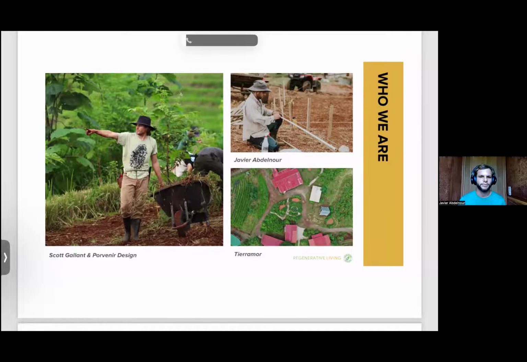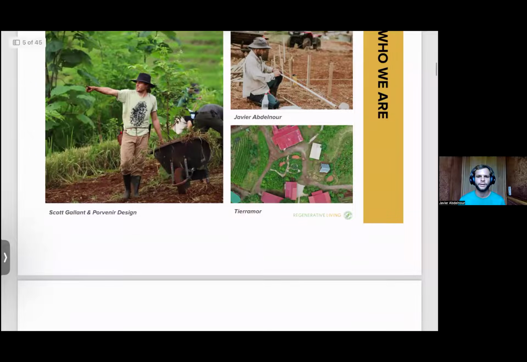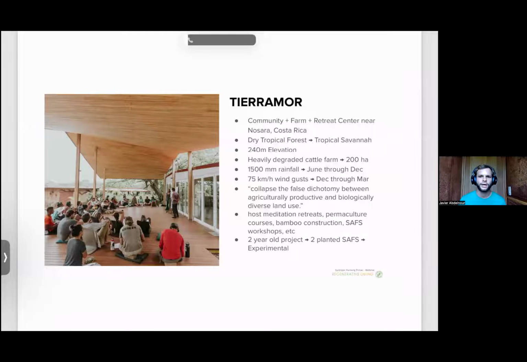Scott's been mentoring me in this process, and we built 2 agroforestry systems already here at Tierramor. So a little bit about Tierramor. Tierramor is a regenerative community in the area of Nosara in Costa Rica. That's located in the province of Guanacaste in the northwest part of the country.